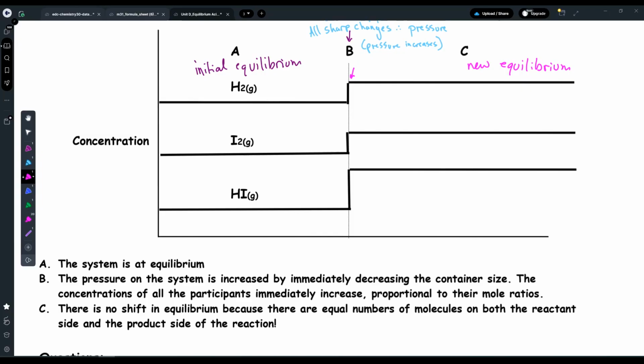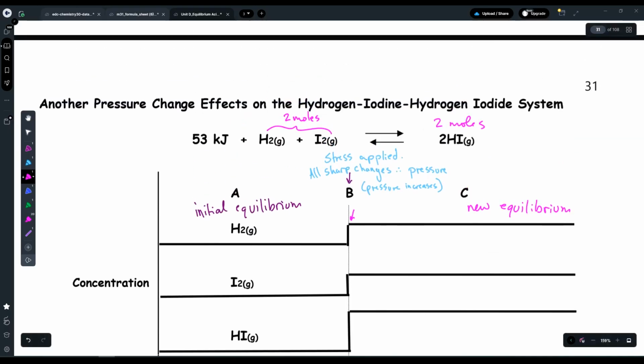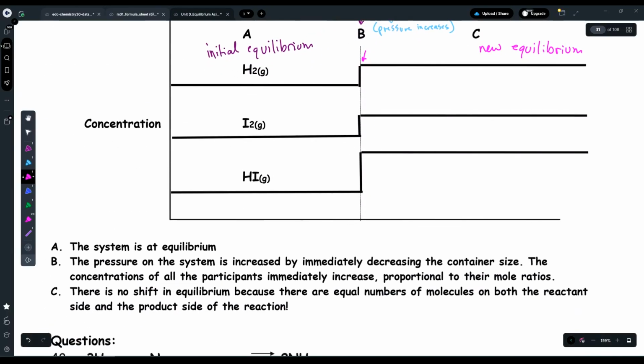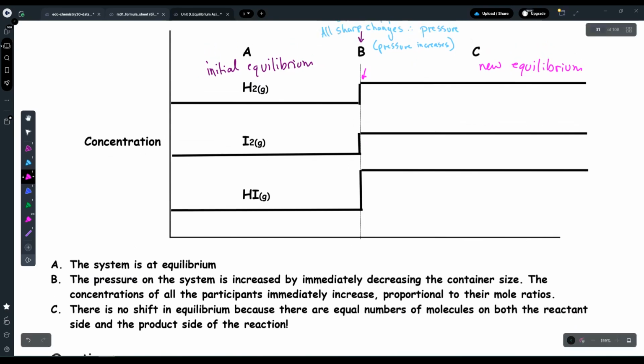However, there's not going to be a shift in equilibrium because there's an equal number of molecules on both the reactant and product side. As we showed here, there's 2 moles on the reactant side, 2 moles on the product side. So that's why there's no shift in equilibrium.